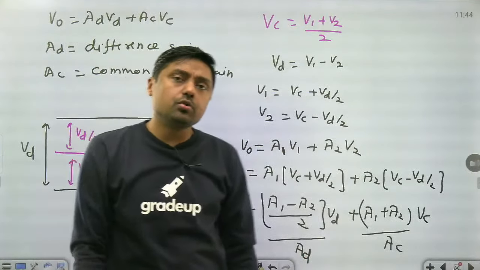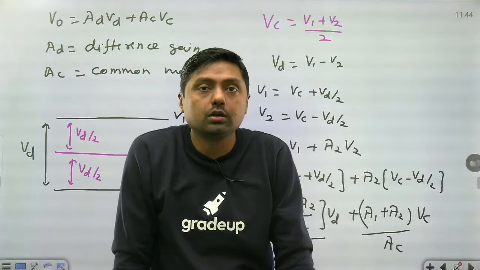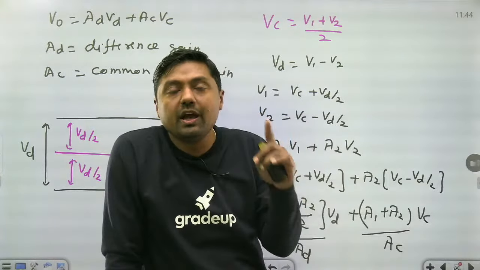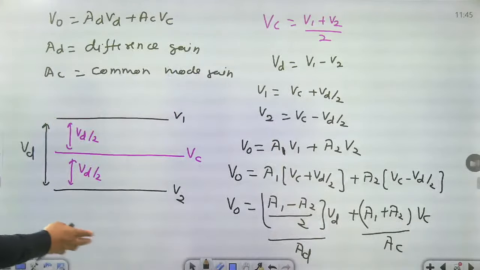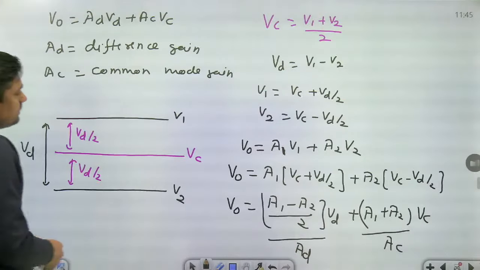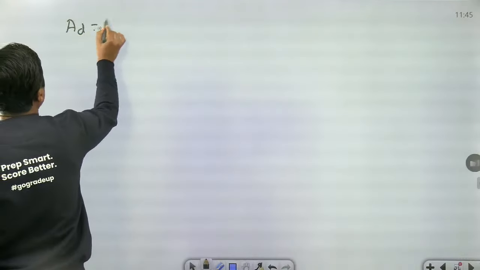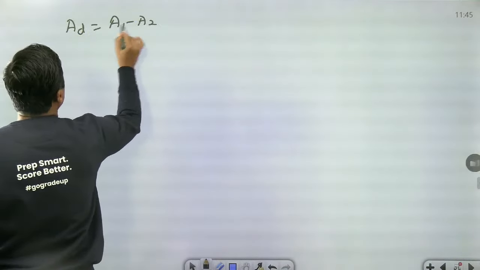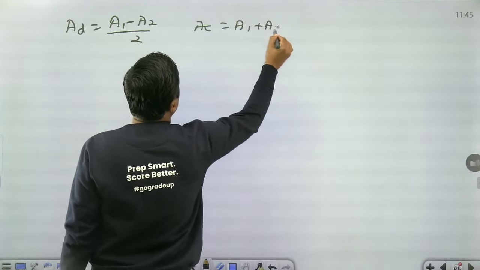In a particular question, they will give you the values of A1 and A2, and you have to find AD and AC directly. So what is the formula here? Always remember this formula. AD is equal to (A1 minus A2) by 2, and AC is equal to A1 plus A2.